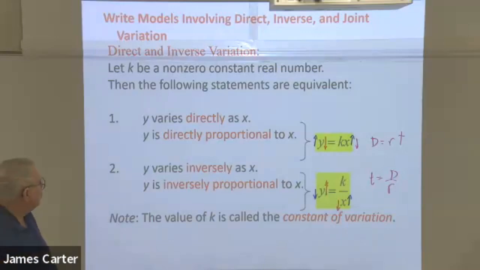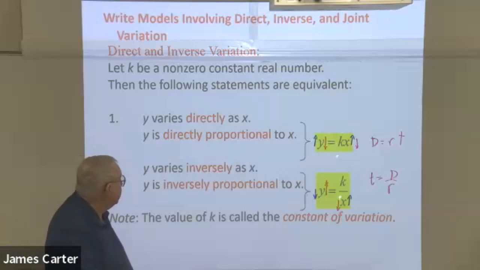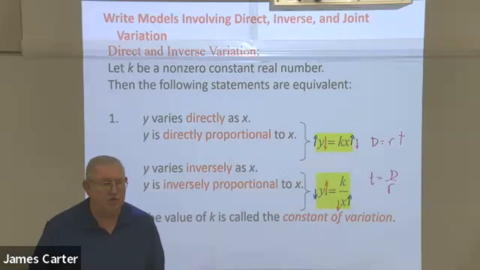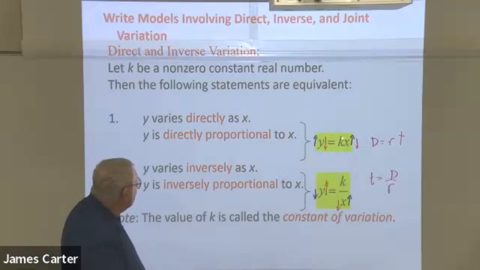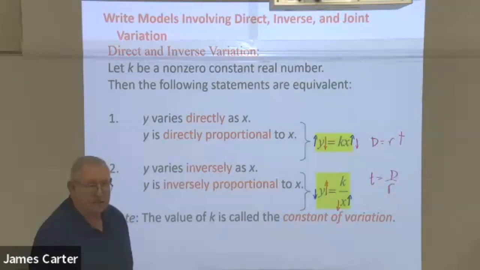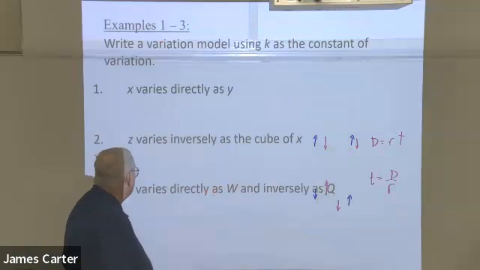Now, the general process when we get one of these equations is the first thing we have to do is solve for K. Then we rewrite the equation, which is called the equation of variation, using that discovered K value. And then they'll give us a different X to solve for.